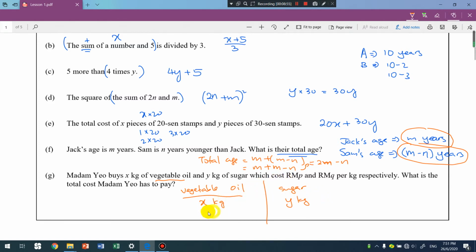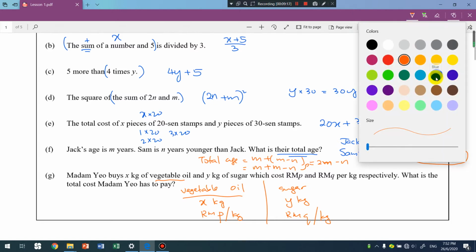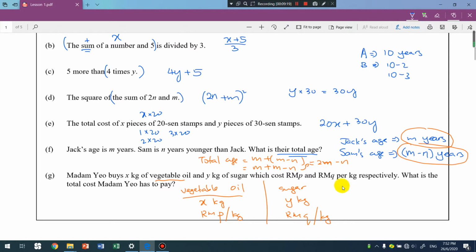This one is Rm P per kilogram, and this one is Rm Q per kilogram. So what is the total cost Madam Yo has to pay? It means she needs to pay how much for these two products, so the total amount.